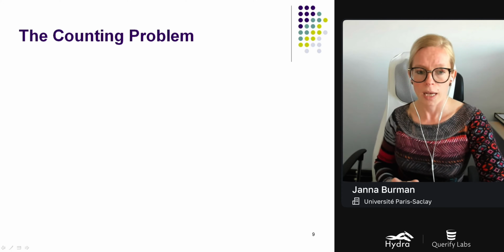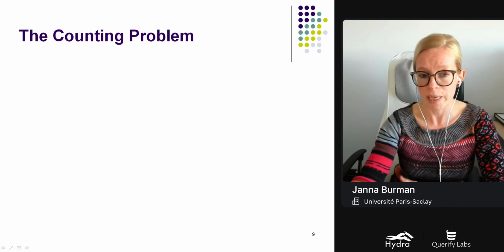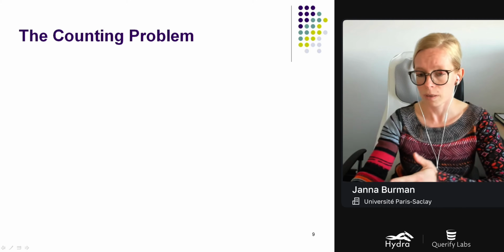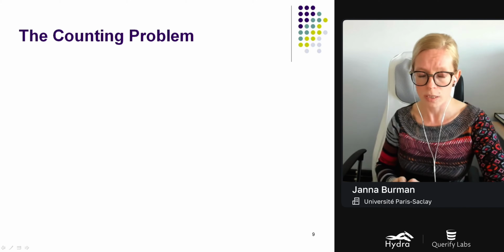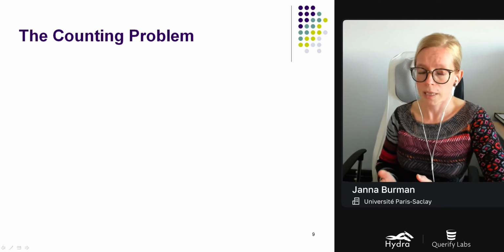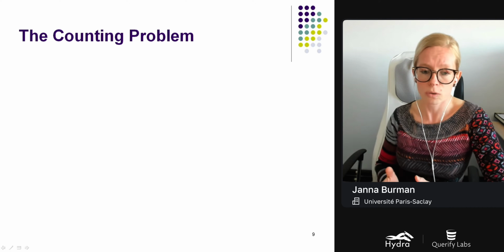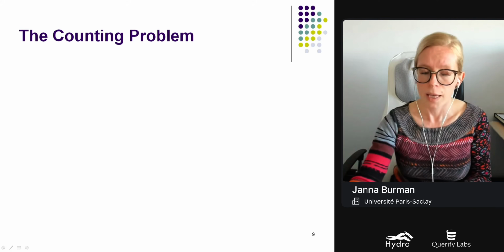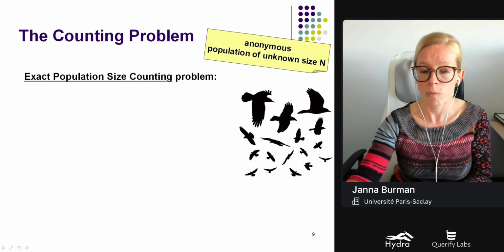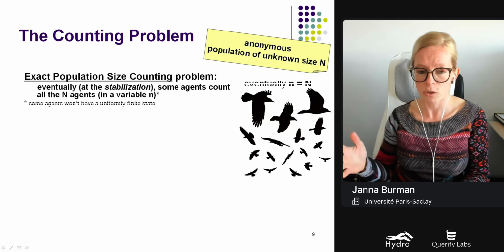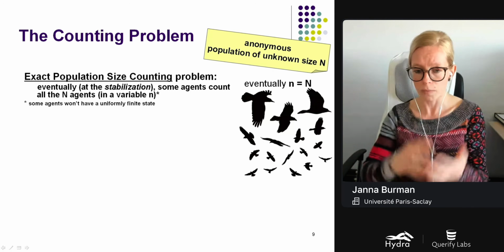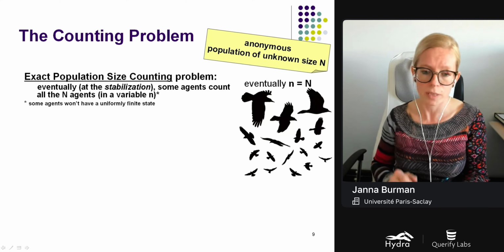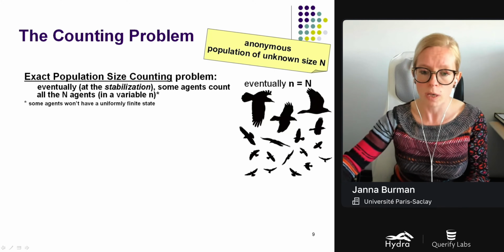We imagine that we have our population, an anonymous one, with indistinguishable agents. We don't know, and the agents themselves of course do not know, what the size is, how many they are, and we want some agents eventually to count the size of the population in some variable that I will denote by small n.